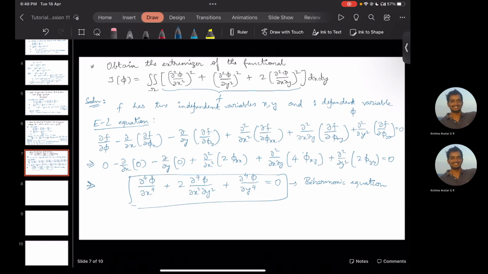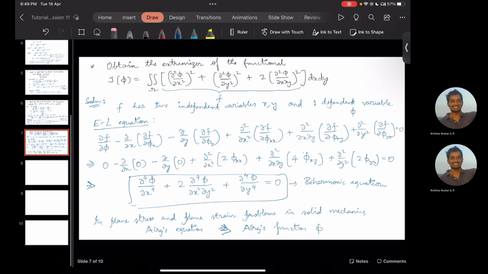It's known as the Airy function, in plane stress and plane strain problems in solid mechanics. We call this equation the Airy equation, and the solution to this Airy equation we call the Airy function, given by phi.